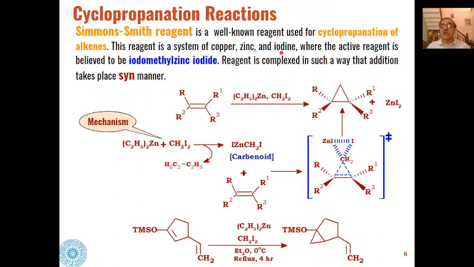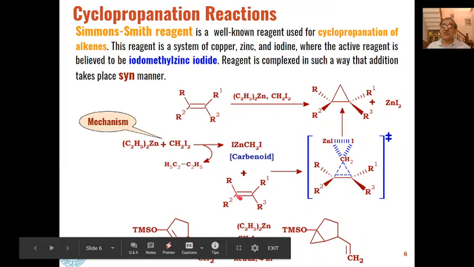So copper, zinc and iodine form the active reagent, which is called iodomethyl zinc iodide. When diethyl zinc and diiodomethane react with each other, we get iodomethyl zinc iodide as the actual reagent which participates in the reaction with the alkenes for cyclopropanation reactions.